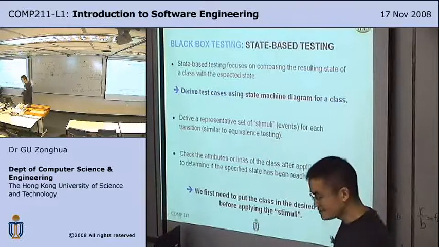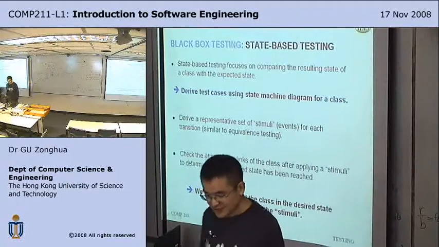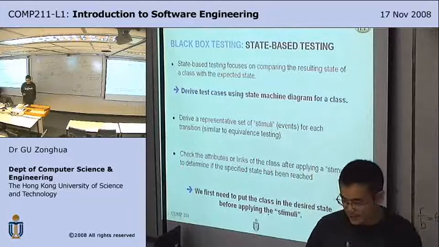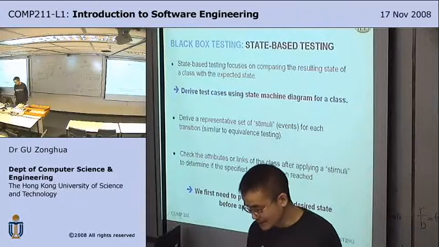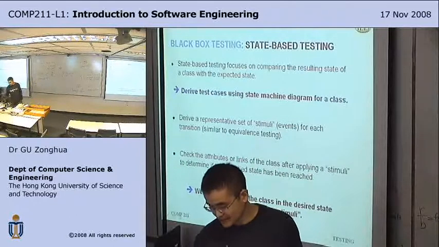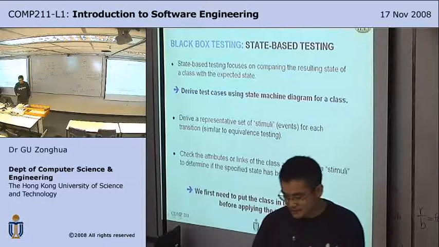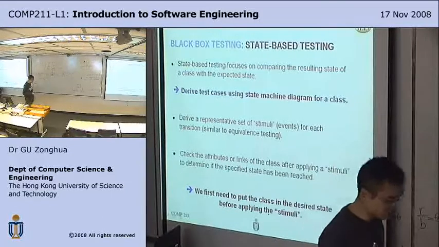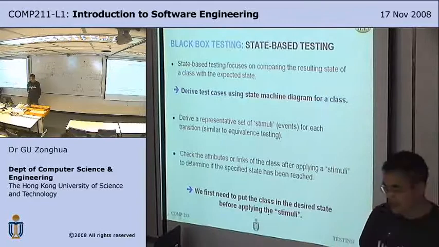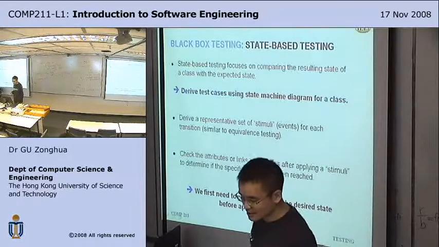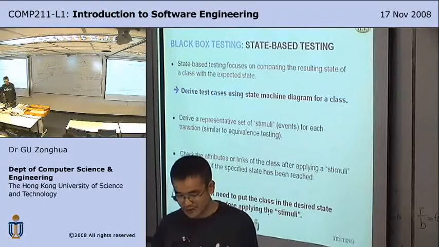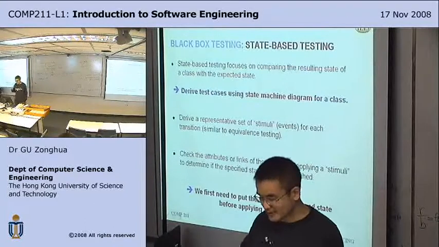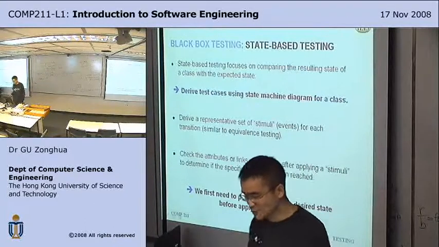Derive a representative set of stimuli, that is, events for each transition, similar to equivalence testing. That is, you look at the state machine and look at each state, what events are valid. Remember, not all events are valid. Some events may be ignored in certain states. So if you pass in those events, the system will not respond.